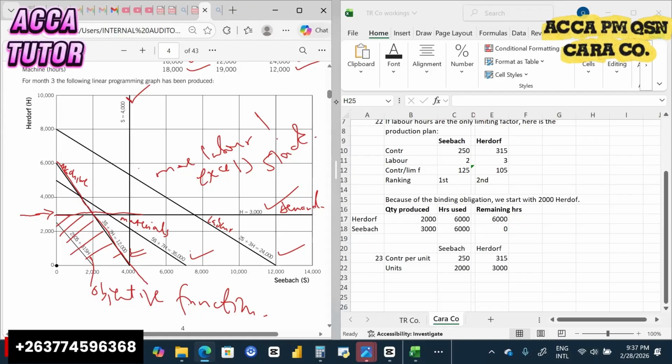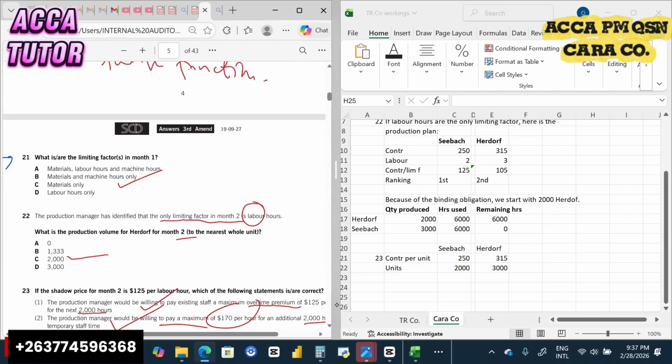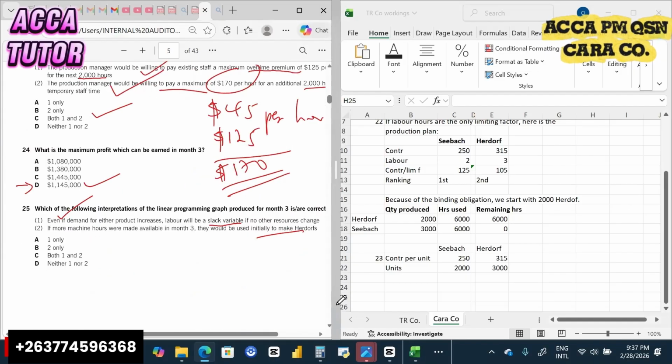So that's how we are supposed to maneuver this. So the solution there should be one only. Two is wrong, because it is saying that we will initially make head-offs.